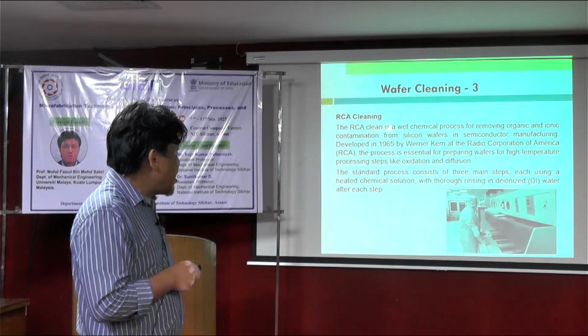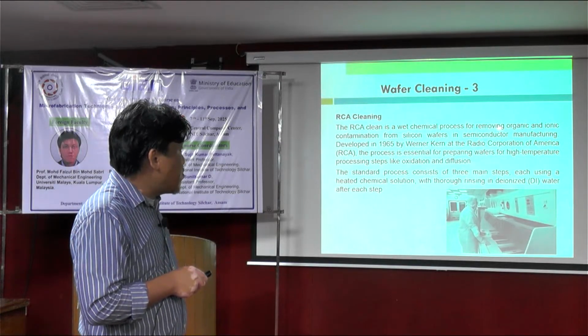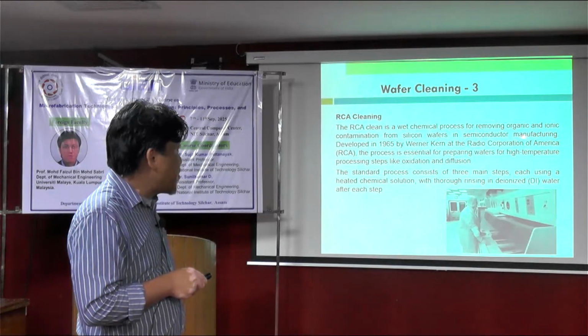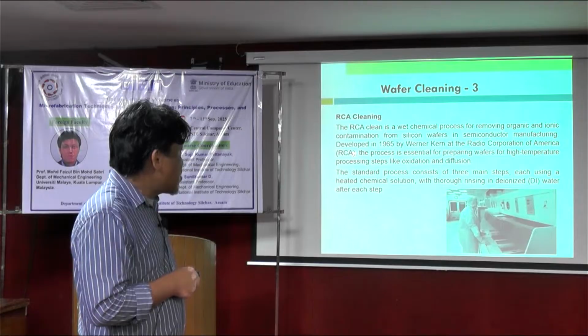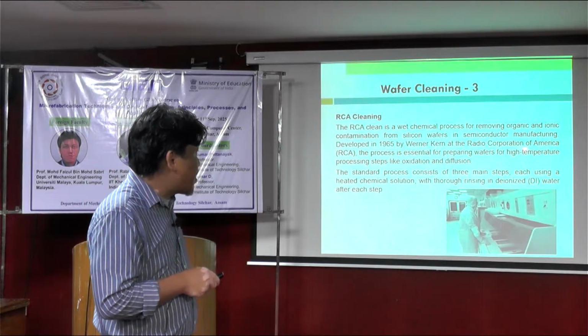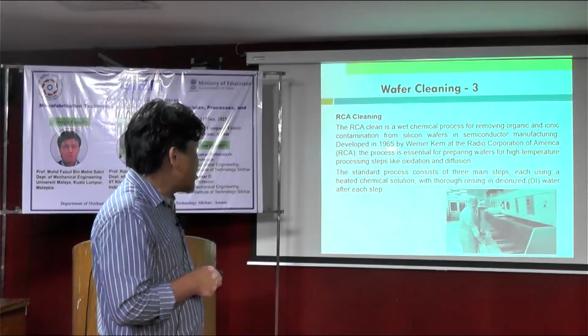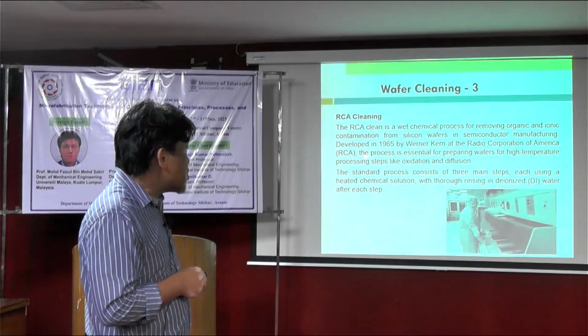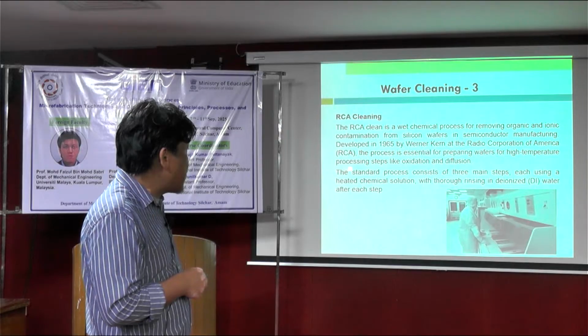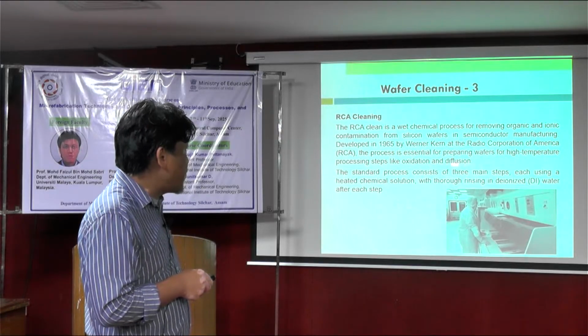The RCA clean is a wet chemical process for removing organic and ionic contaminant from silicon wafers in semiconductor manufacturing. It was developed in 1965 by Werner Kern at the Radio Corporation of America. That's why it's called RCA. The process is essential for preparing wafers for high temperature processing steps like oxidation and diffusion.